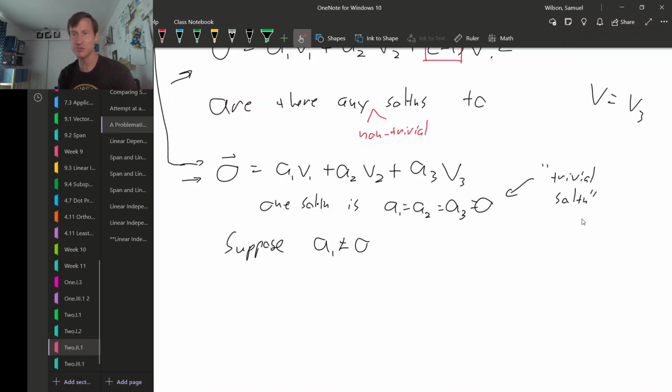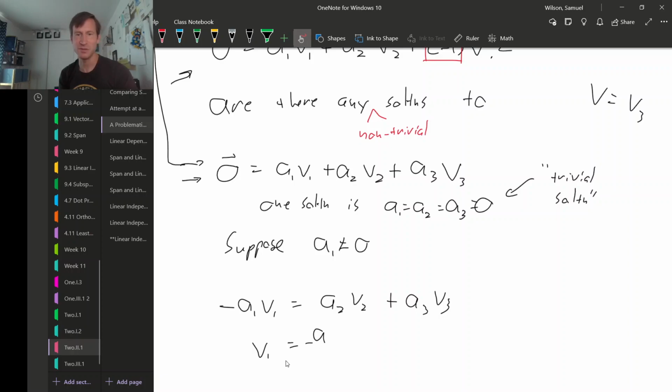If we have a non-trivial solution, that means we could move that vector to the other side, like this, and then because a1 isn't 0, we can divide everything by a1.